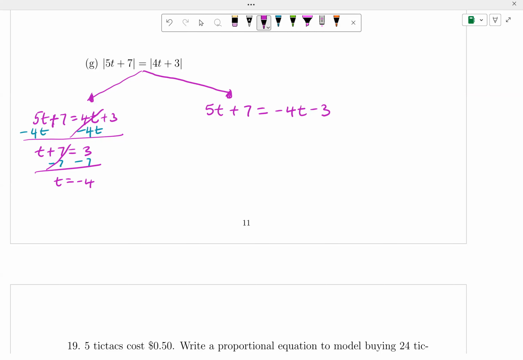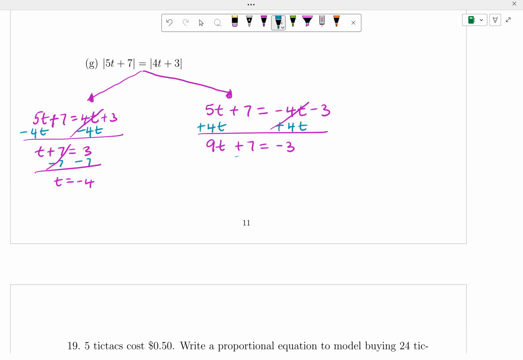So let's go to the next equation. Let's actually start off by adding 4t to both sides. Those are going to cancel out. So 9t + 7 = -3.